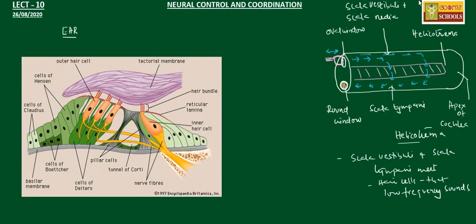Right. So here I'm showing you the diagram of the organ of Corti. This organ of Corti has another name, we can also call it the spiral organ, and it contains hair cells, and these hair cells are auditory receptors.